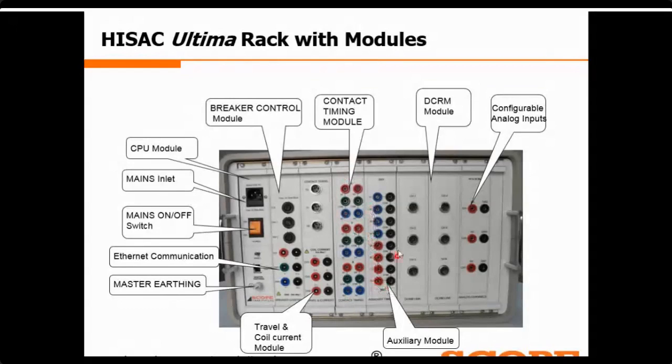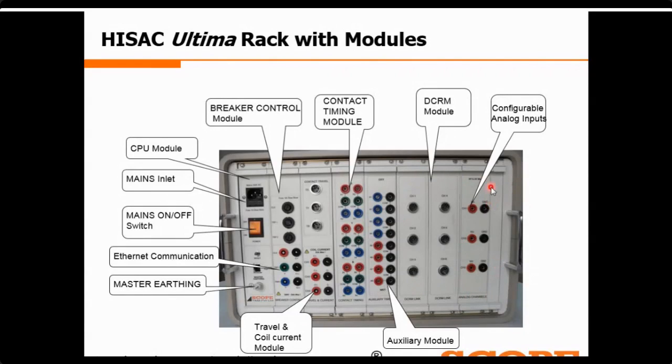With the help of the auxiliary module, you can evaluate the auxiliary contact timing. Additionally, we have the optional DCRM module, which will give you the DCRM signature of your circuit breaker interrupter. Other than that, we also have configurable analog inputs.